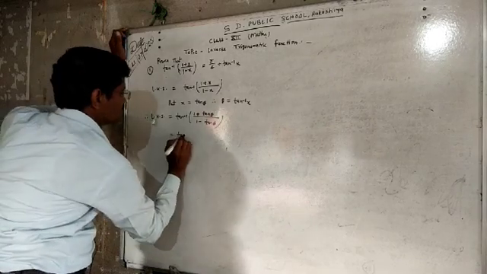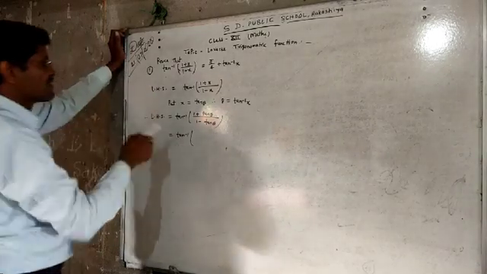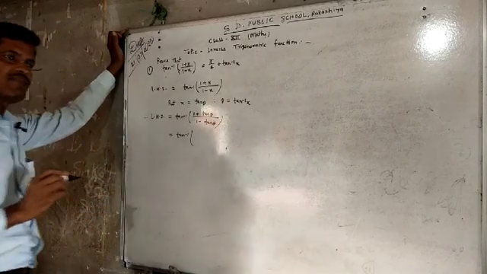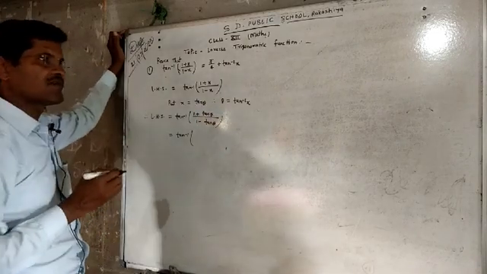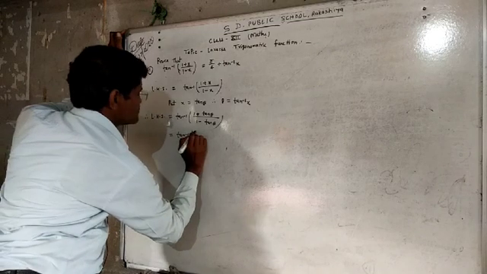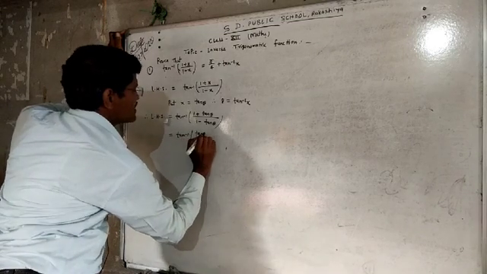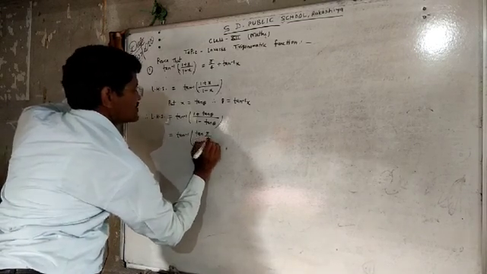Now we can put the value of 1 as tan pi by 4. Since tan pi by 4 equal to 1, therefore 1 equal to tan pi by 4.